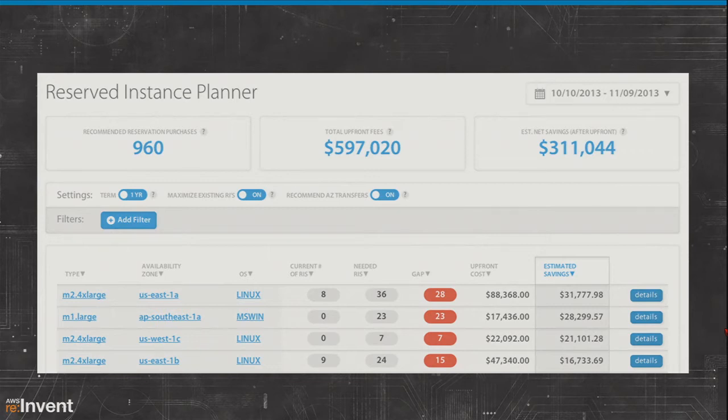So there's an initial investment to buy in to the lower price. But the percentage savings, and you'll see this in some additional screenshots, really can be fairly significant in driving your costs down. Okay. So let's look at some details.